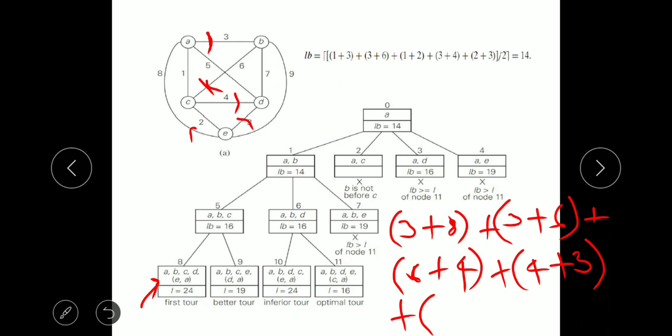It means that E to D is also to be included. So 3 plus E to A cost is equal to 8, because once he visits vertex E, he'll have to get back to vertex A. So summing these up and dividing by 2, you get the lower bound which is equal to 24.